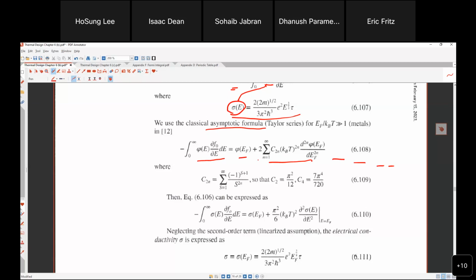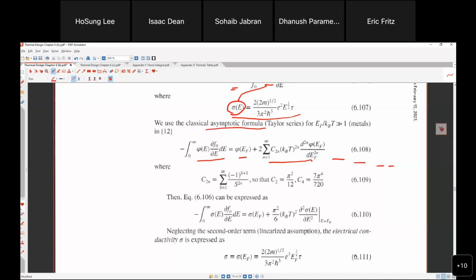So again, it's a second order. You look at the second order of a gradient. It's so small, so we neglect it. Once we like to see the nature of it, with some assumptions.